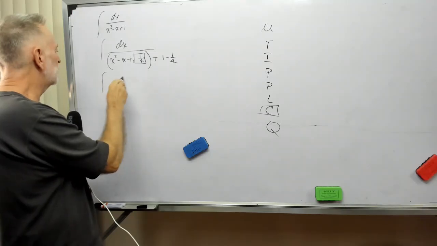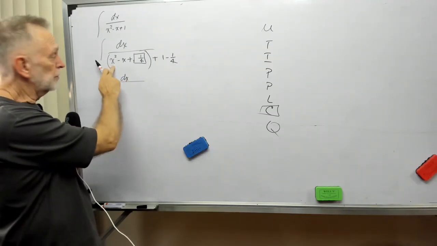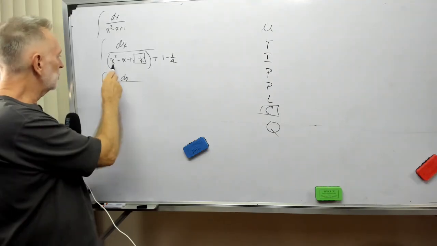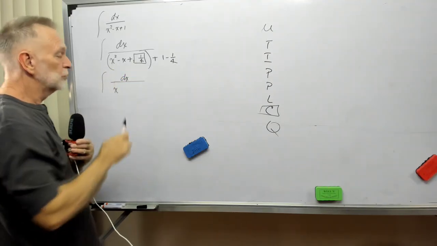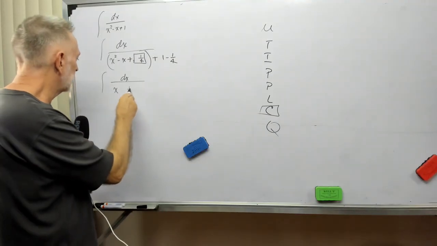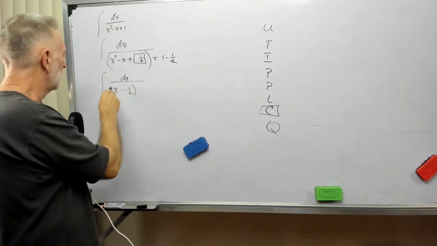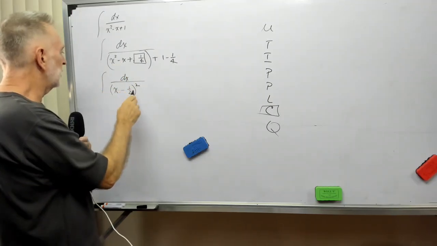Now, to get my two squares, I would take the square root of the first term. Square root of x squared is x. Square root of 1/4 is 1/2. And then keep this sign, and that term is squared.